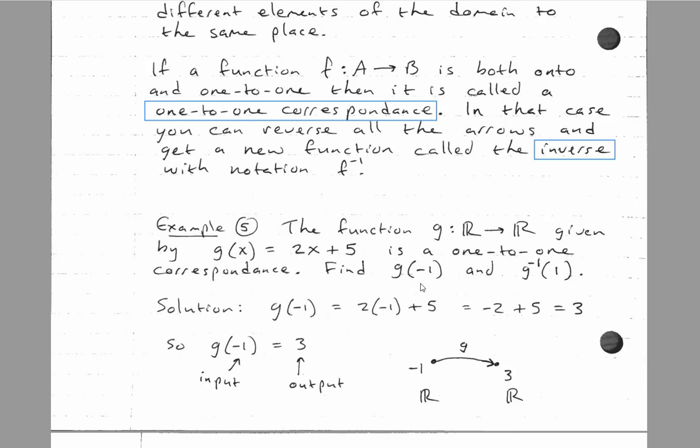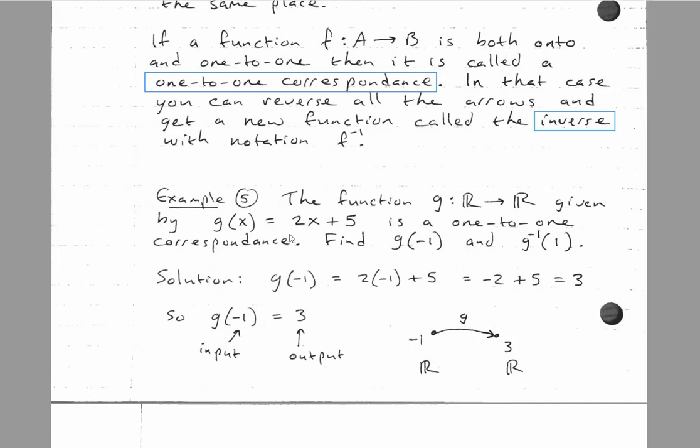Find g(-1) and g inverse of 1. We saw examples of how to prove that a function like this is one-to-one and onto, so we're just assuming that here.